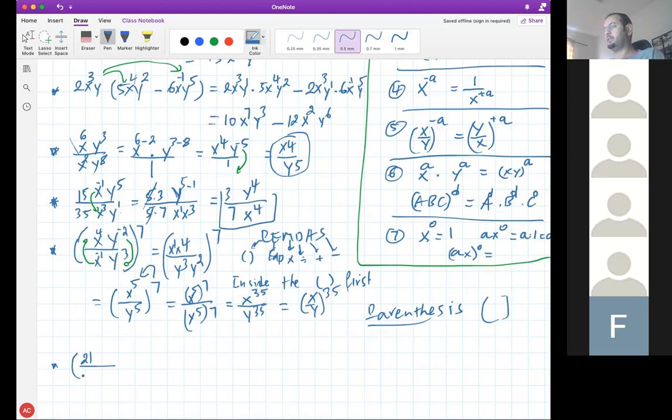Maybe something like this: 28, a couple of variables, and again some powers, maybe another power here. And the whole thing, we're going to raise it to some power, maybe a negative power.